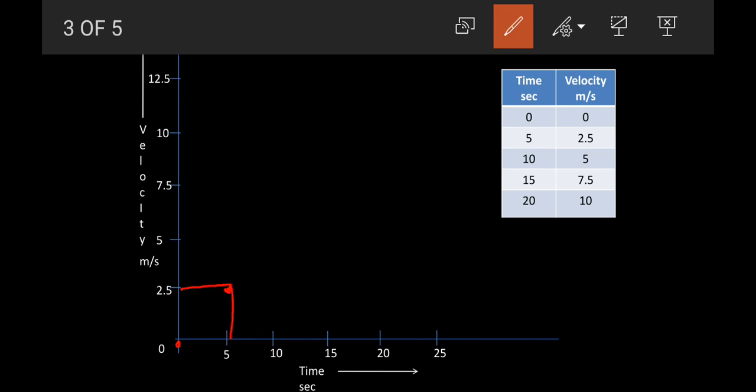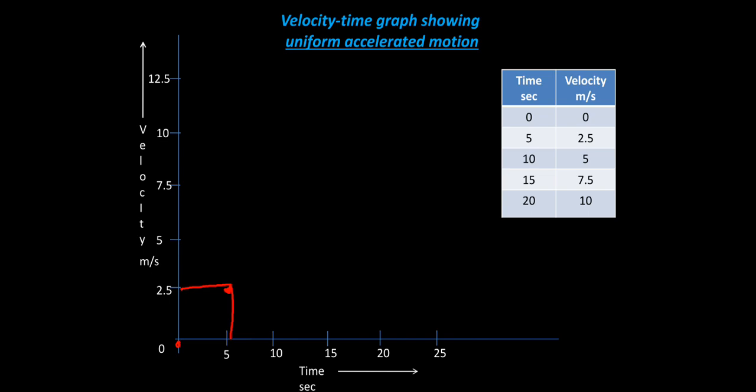Same like this, you have to put different points, and when you join them you will get a line like this. So in uniformly accelerated motion you will get a straight line, same like uniform motion. Here also you will get a straight line, but here the graph is between velocity and time. So earlier what we had here was distance.